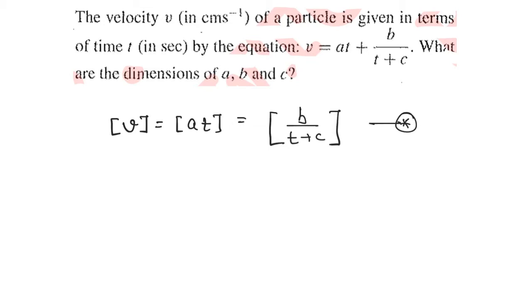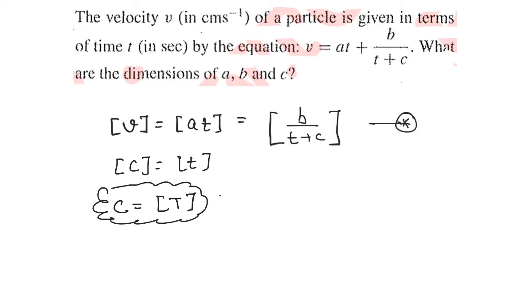We can add time in time. We cannot add speed in time. Okay, so if you are adding these two, if one is time, the second one is also time. So we can say the dimension of C is equal to the dimension of T. So class, what is the dimensional formula of C? What is time? T. तो C का आंसर तो मिल गया. This is the answer for C.